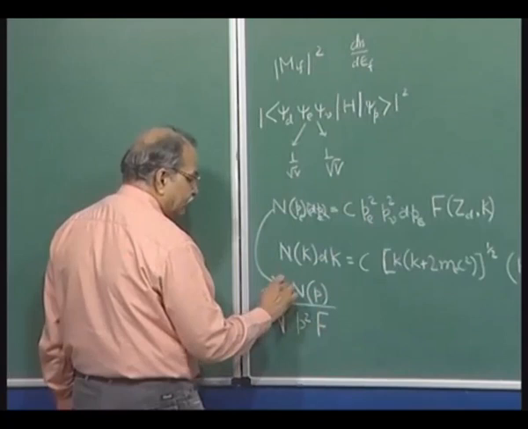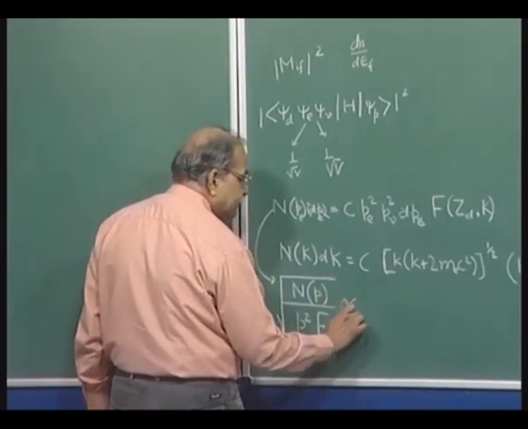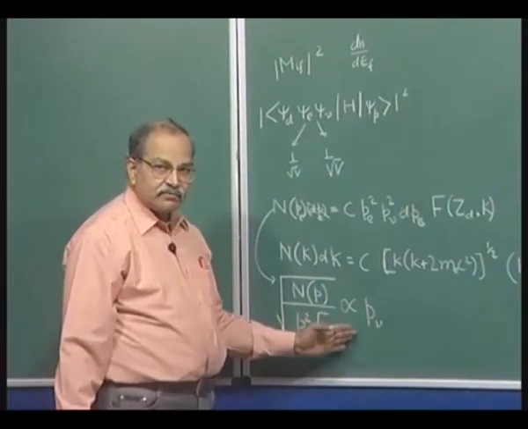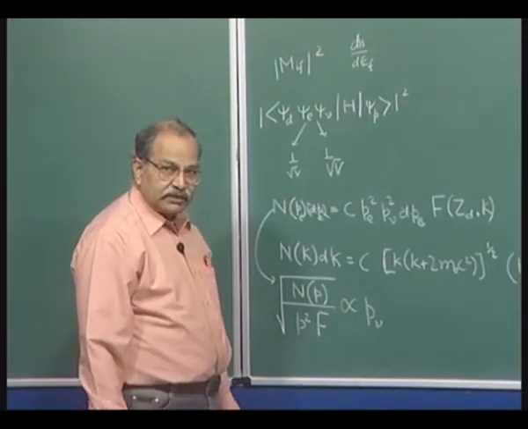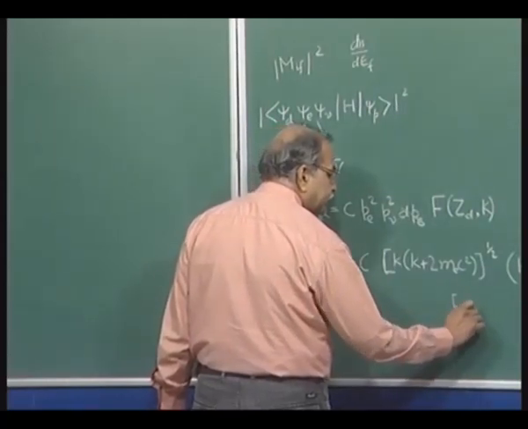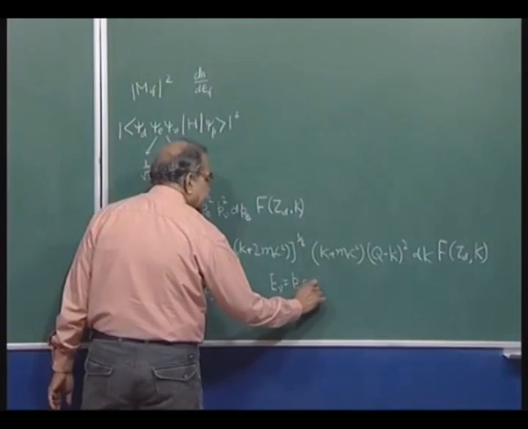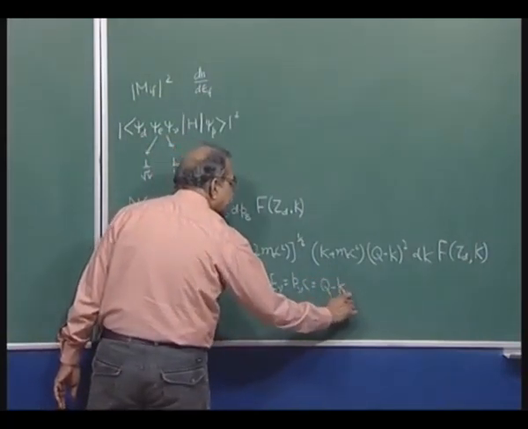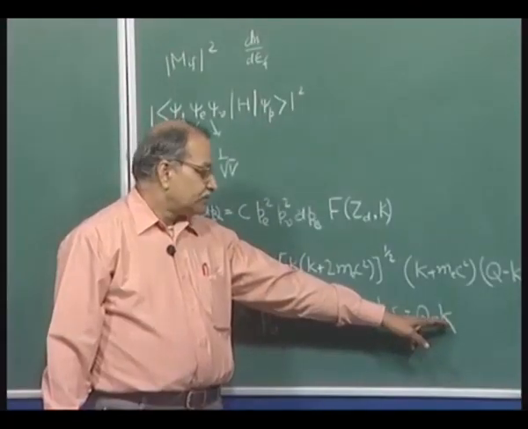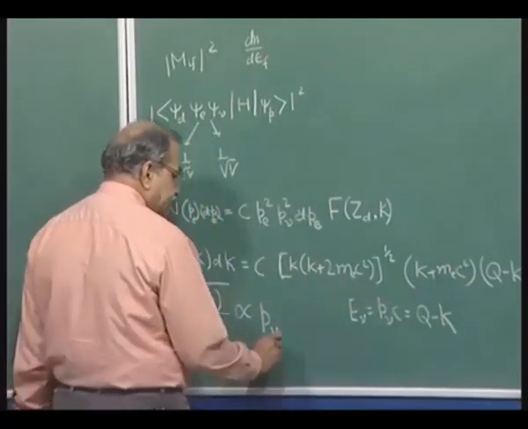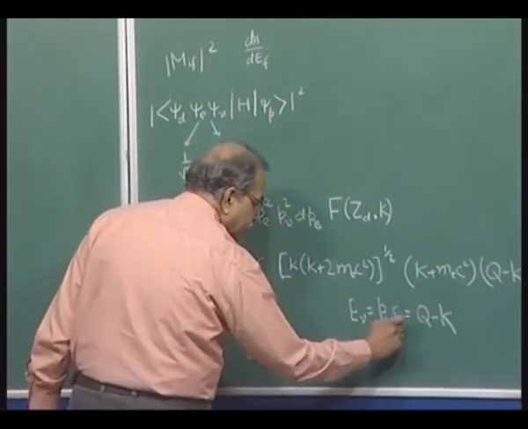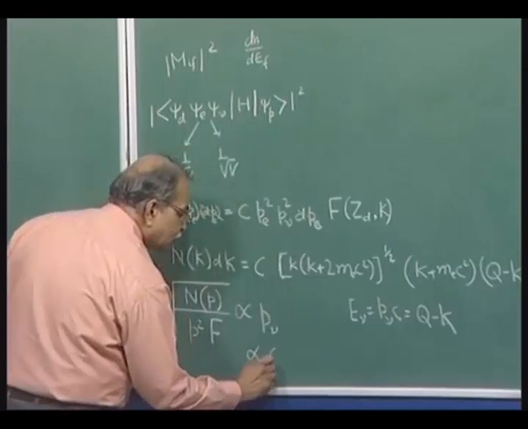So, you take the square root, and this quantity will be proportional to p_nu, and in the approximation that the rest mass energy of this neutrino is negligible, is 0, the energy of the neutrino is p_nu times c, and the energy of the neutrino is the total energy available minus the kinetic energy of the electron. Hence this is proportional to p_nu, and p_nu is proportional to Q minus k, c is constant. So, Q minus k.